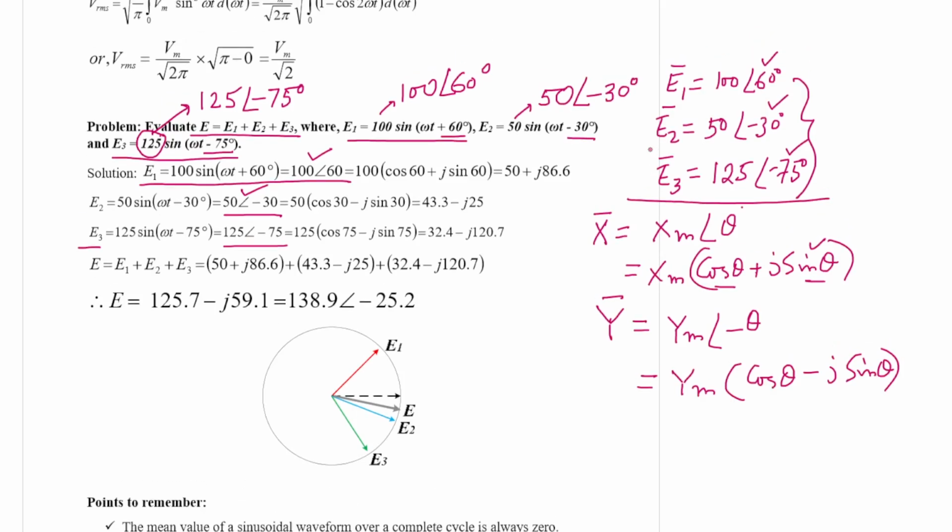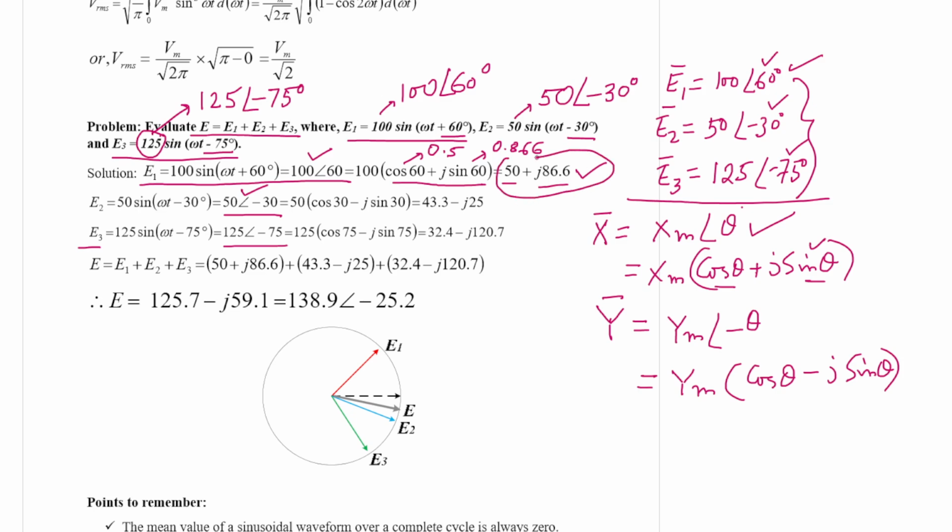So if you break this one down, 100 angle 60 degrees is written as 100 into cos 60 plus j sin 60. Now cos 60 is 0.5, so 100 into 0.5 is 50, and sin 60 is 0.866, so 100 into 0.866 is equal to 86.6. So E1 is equal to 50 plus j 86.6.